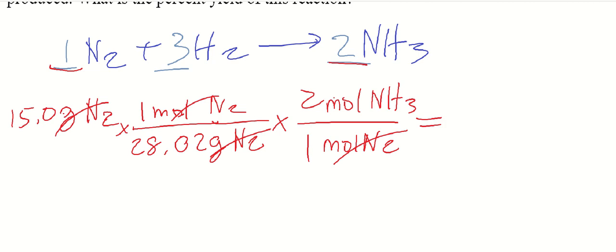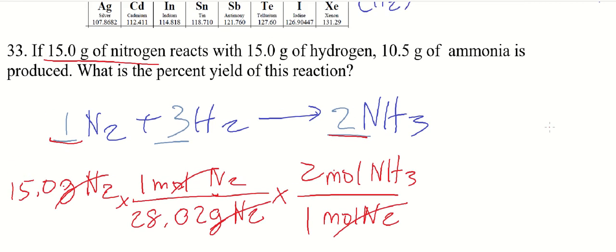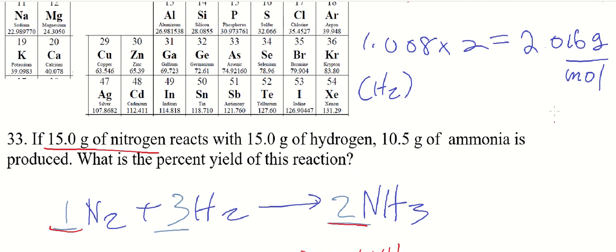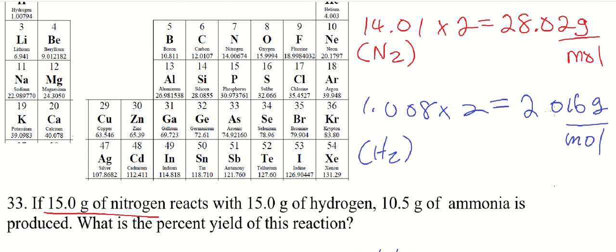Oh, hold on, let me see what the question is. So it's asking for moles. Oh, grams of ammonia. All right, let's do that too. Do ammonia here in green. Ammonia is NH3.